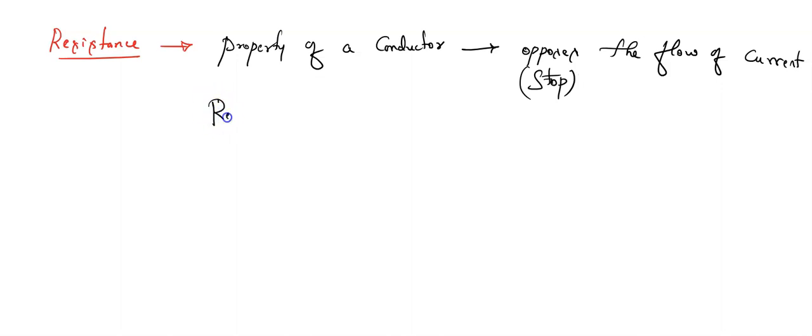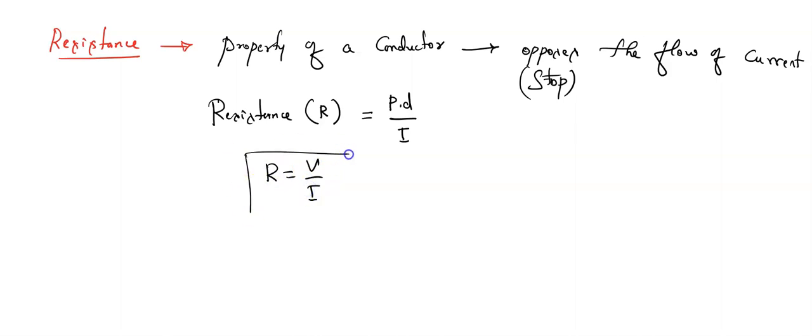Resistance is denoted by the symbol R. If you want to calculate it, take the ratio of potential difference to current, that is R is equal to V by I. So this is the formula to find the resistance.